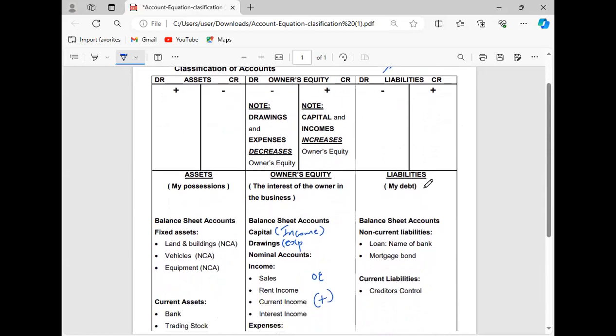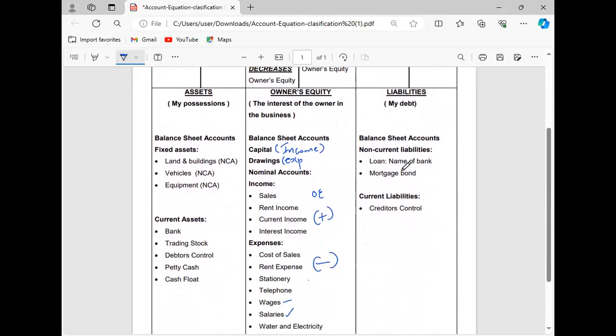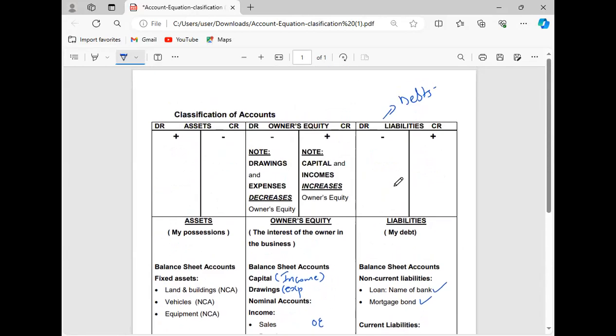Some examples of liabilities are loans, which are compulsory to settle, as well as mortgage bonds. Current liabilities, most of the time, are creditors control, because we bought goods and services on credit, so we have a liability. Whenever we pay off our liabilities, they will be affected under the debit side.